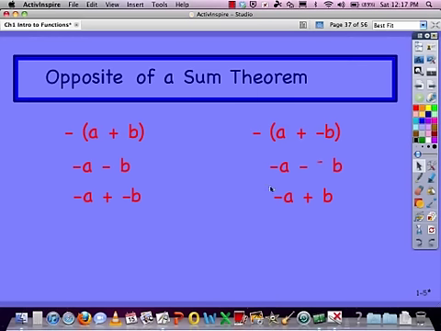So be careful. It's probably best, instead of reading this as negative A plus B or negative A plus negative B, better choice to say the opposite of A. Then your brain can switch it to whatever it needs to be, either positive or negative, in the problem.